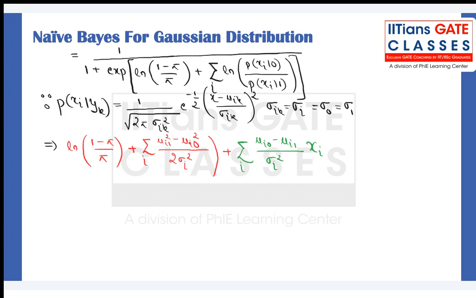I have color coded it because that is the hint here. If you looked at the perceptron model earlier on, we had an equation y equal to w transpose x plus b, correct?